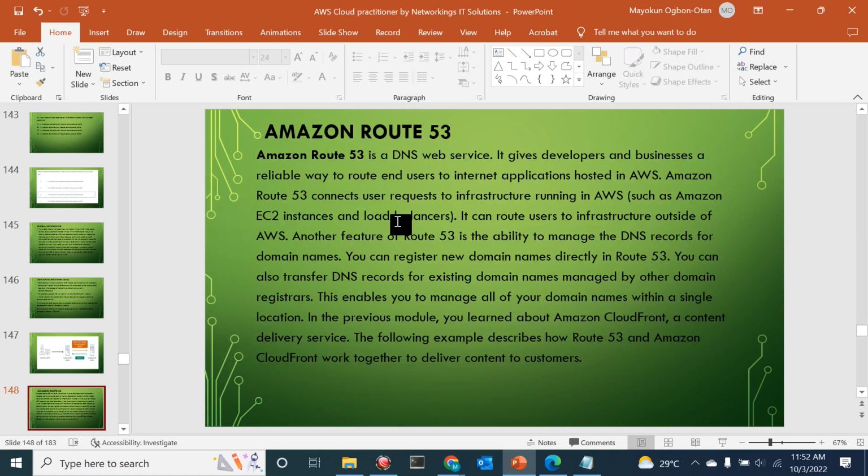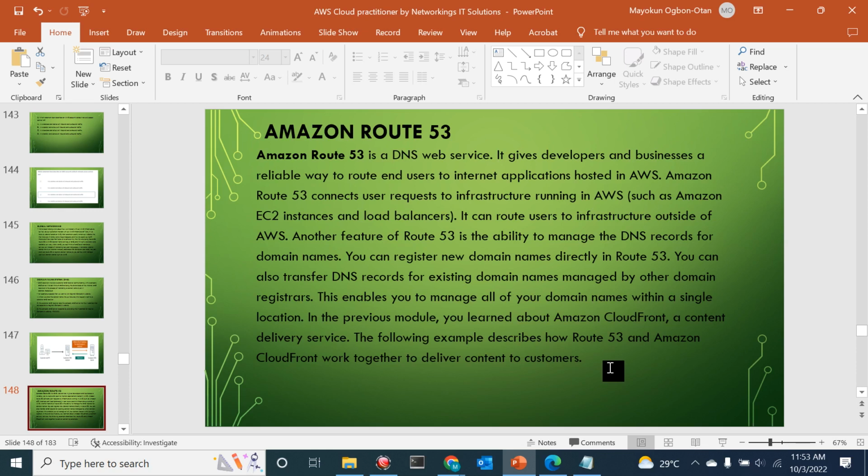So read this for us, Ms. Vera. Amazon Route 53 is a DNS web service. It gives developers and businesses a reliable way to route end users to internet applications hosted in AWS. Amazon Route 53 connects user requests to infrastructure running in AWS, such as Amazon EC2 instances and load balancers.